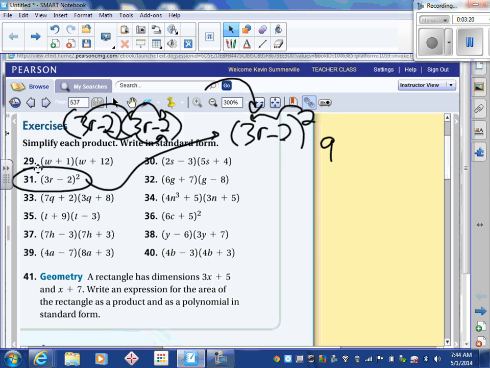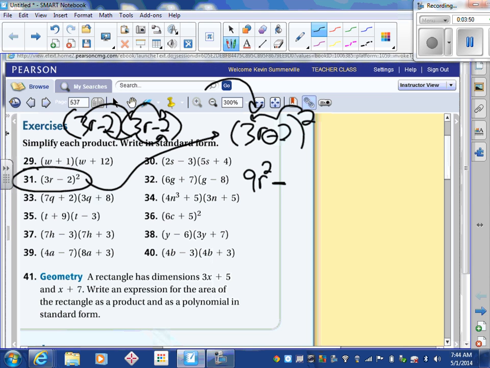Let me write this way, I need some room. 3 squared is 9. R squared is R squared. So we take this number and square it with the first one. To get the middle number, because there's a minus sign here, we know our answer is going to be minus.